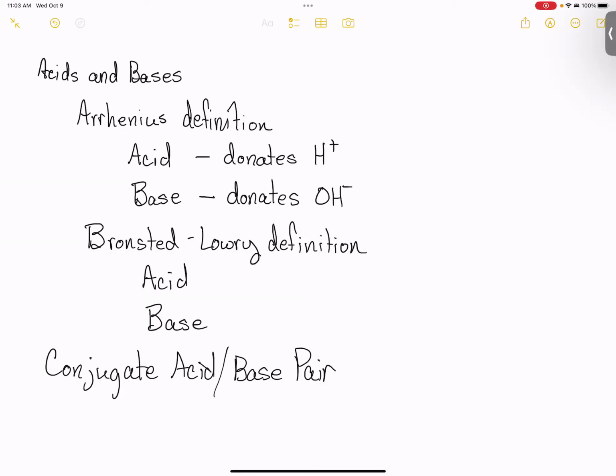For the most part, in College Chemistry 1, when you talked about acid-base neutralization reactions, you were using the Arrhenius definition of an acid and a base. The acid donated the proton, the base donated the hydroxide, the proton and hydroxide combined to form water. And that's why it was a neutralization reaction.